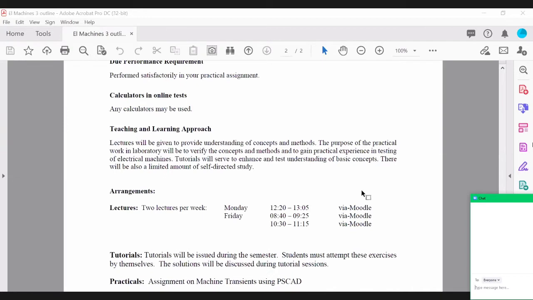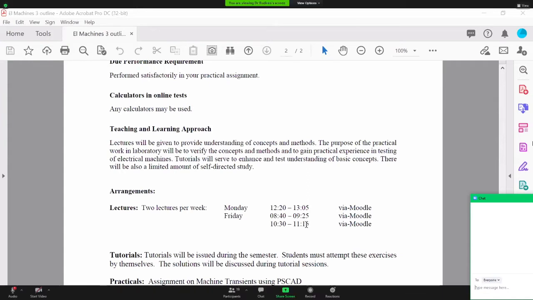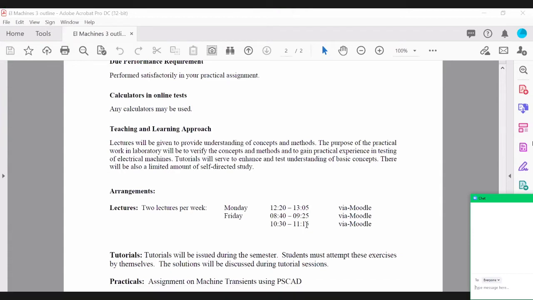Normally I will conduct the lectures on Monday and Friday, and there'll be an additional session for tutorial on Fridays, but I will inform you in advance. Just remember, for an 8-credit module, you normally have 2 45-minute lectures per week, and the tutorial is normally alternate. So 1 week you will have a tutorial, and the other week there is no tutorial.